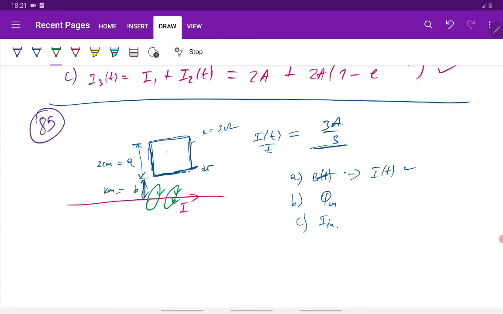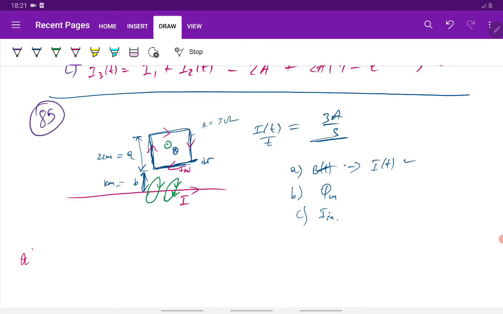Since the current is varying, the induced current's magnetic field should oppose this magnetic field, right? It should go like this, and in that case, using the second right hand rule again, we can see that the induced current goes in this direction. So we can easily find it using the right hand rule, right? So we found everything necessary.